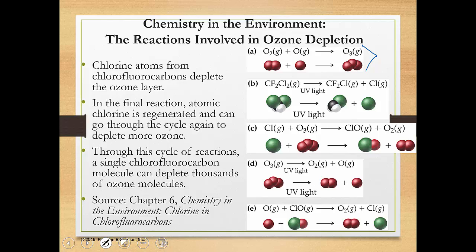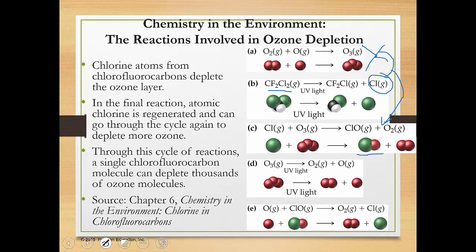All right, now with the chlorofluorocarbon, when it gets hit with ultraviolet light, it causes a chlorine to be released from that chlorofluorocarbon. So now I have chlorine floating around, and if that chlorine happens to find the ozone, I get the reaction that I see here.